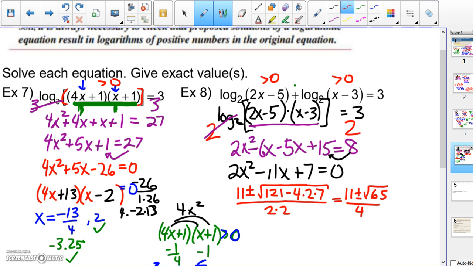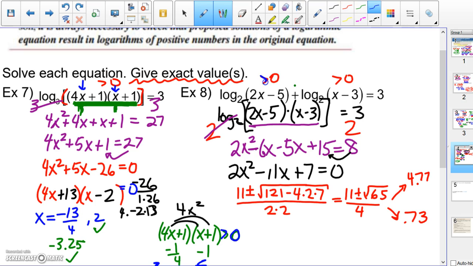And if you approximate and type it into a calculator, you're going to get about 4.77 and about 0.73. Now we don't want those decimal answers because it said back in the directions to give exact values. But I think that's going to help me to know if my answers actually work or not.